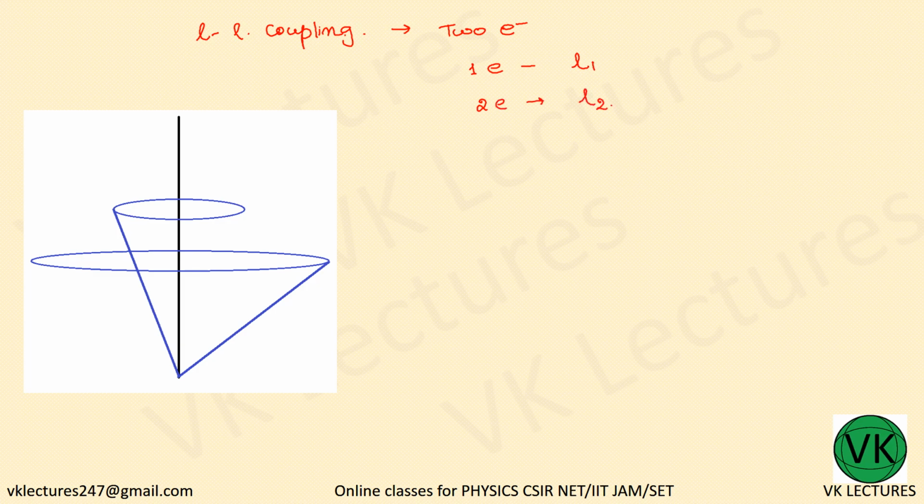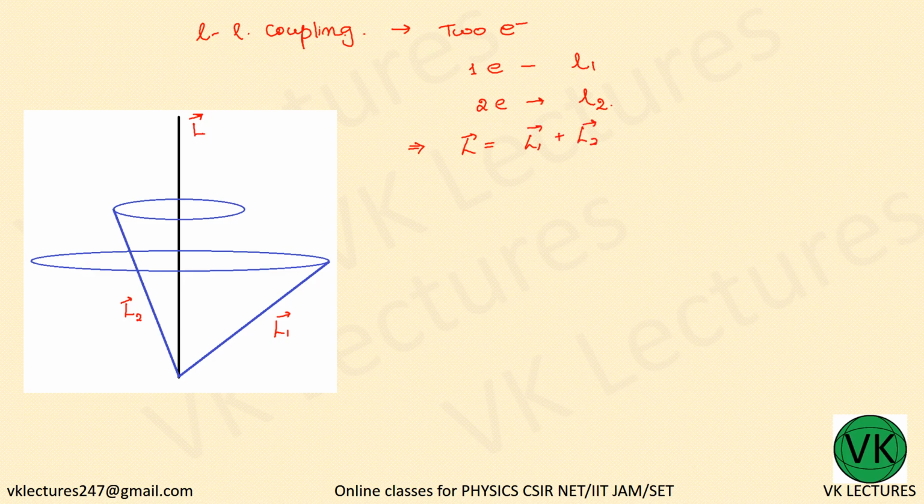This is the vector representing L1, this is L2, and they are precessing over the net value of L. So now we get the coupling scheme, that is L as L1 plus L2.